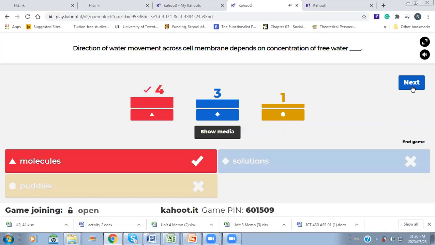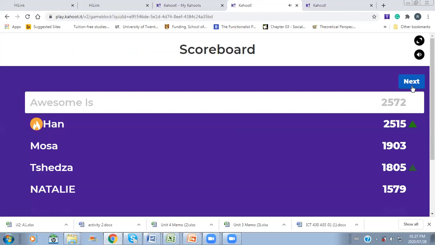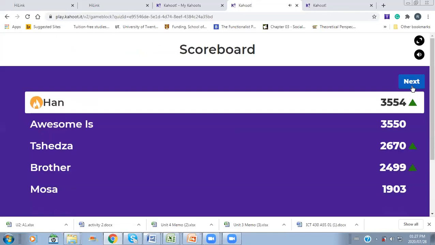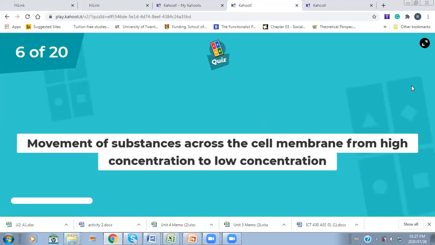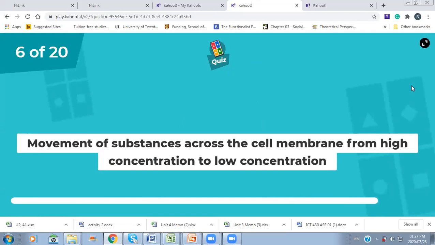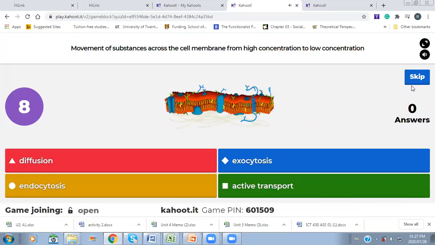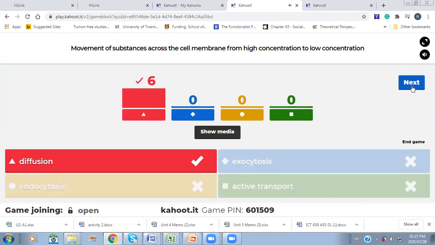Ah, okay. That's molecules. Very good. Let's go to the next. Diffusing.